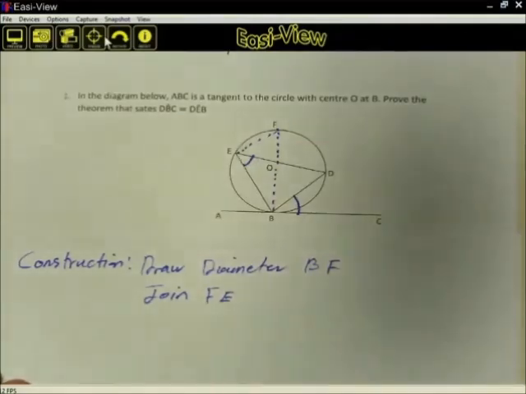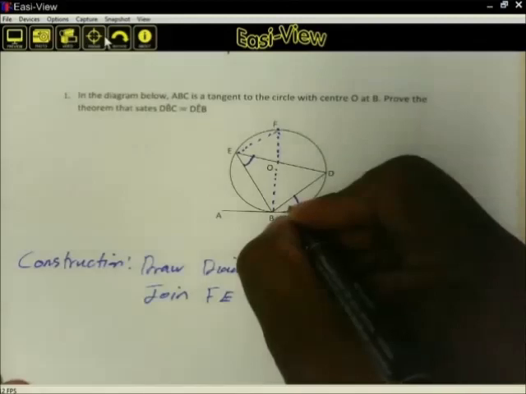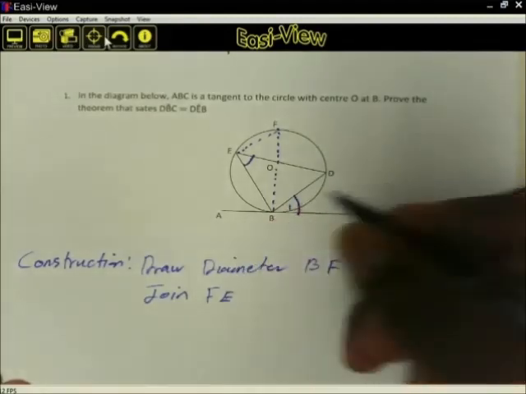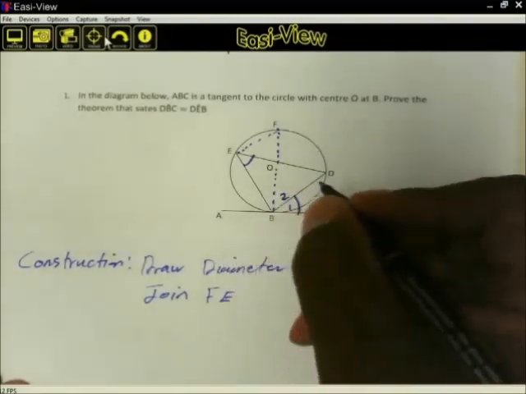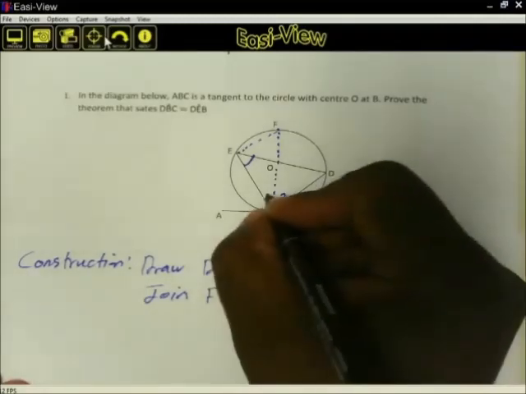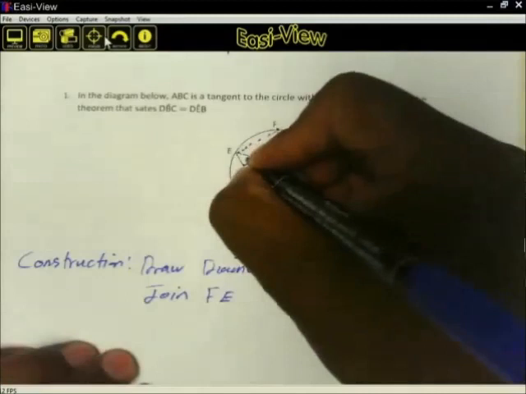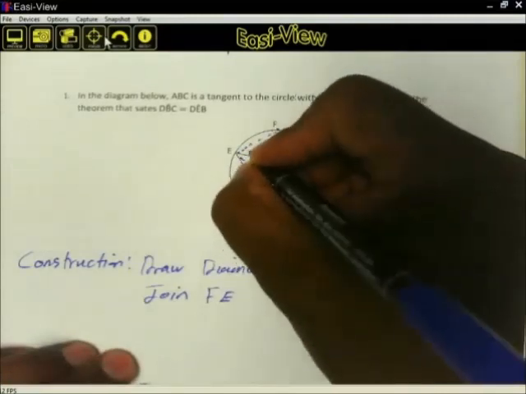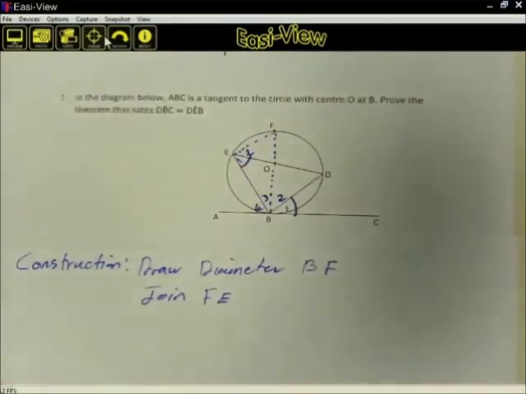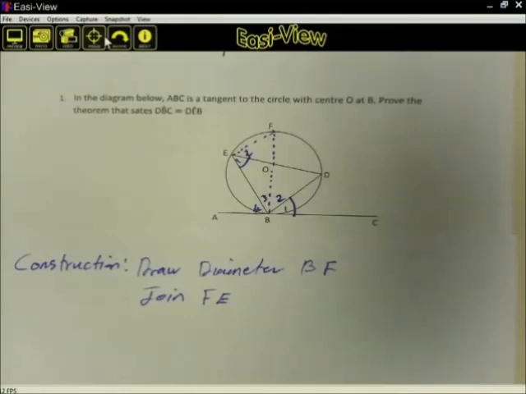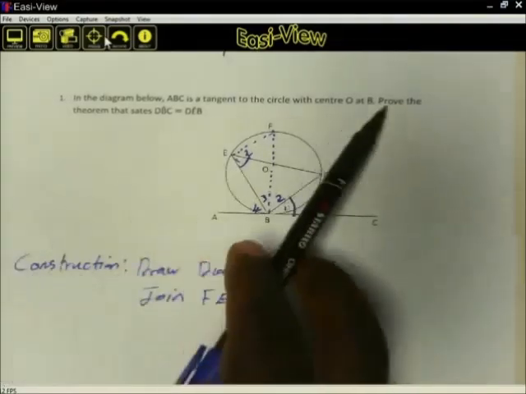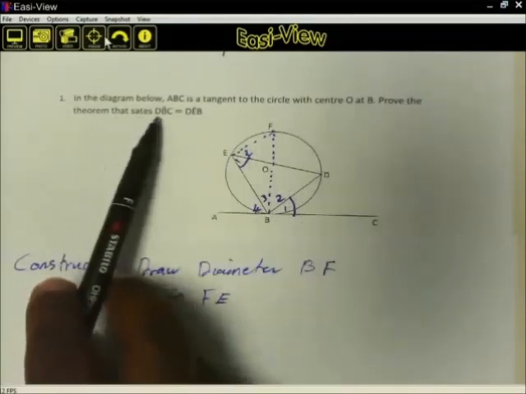Just to simplify our workout, let me name this angle B1. Then here we've got angle B2, angle B3, angle B4. And then here let's name this angle E1, and this one will be angle E2. Basically, remember the required to prove part. The question states prove the theorem that states DBC.